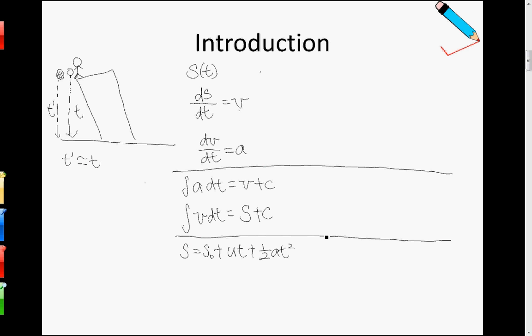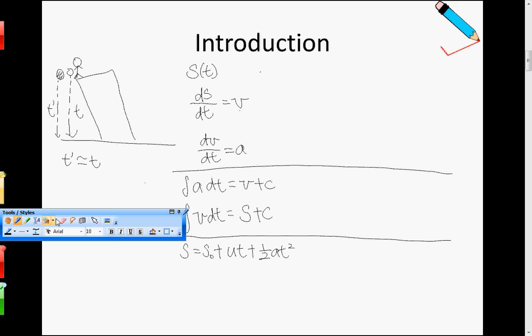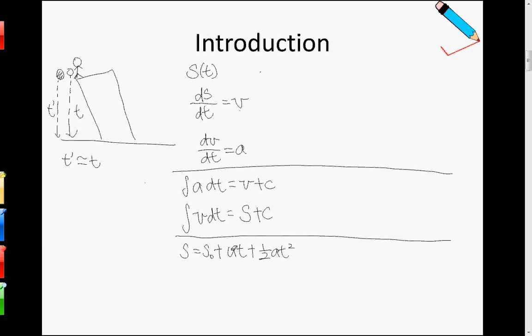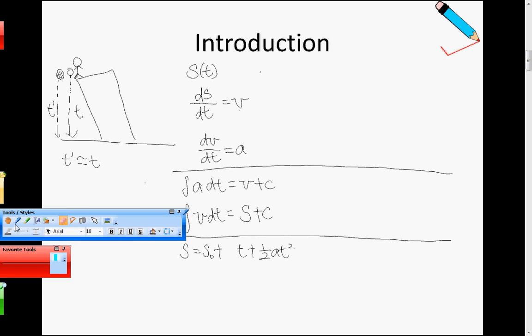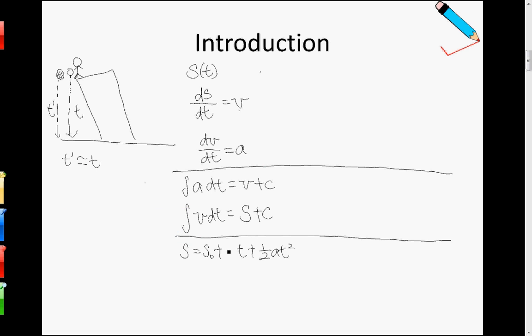Now people will ask, I should not use ut here, rather I should use vt, because I defined velocity to be v over here. Okay, so people will ask, how did we find this kind of relationship? Now we find it through calculus, which is integration, which is what we have been learning thus far.